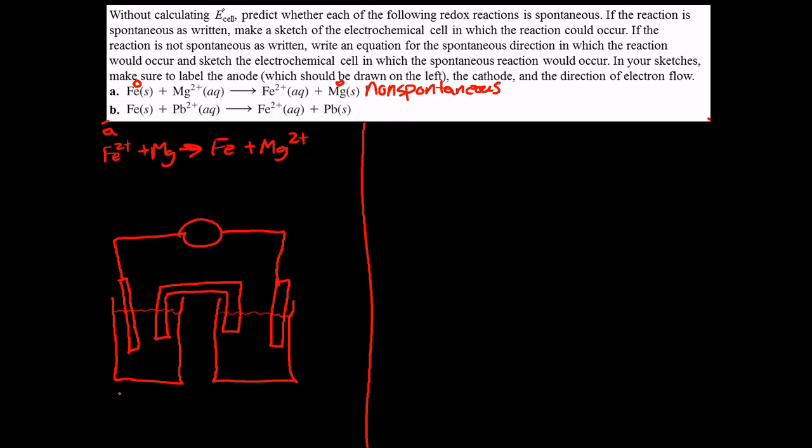So we were told to put the anode on the left. So we're going to have the magnesium on the left and the iron on the right. So this stick here, this chunk of stuff, that is actually magnesium metal. This is iron. And then in solution, we will have magnesium 2+ and iron 2+. And the other thing that they told us to be sure to label was the direction of electron flow.